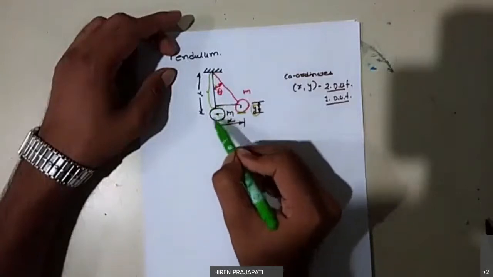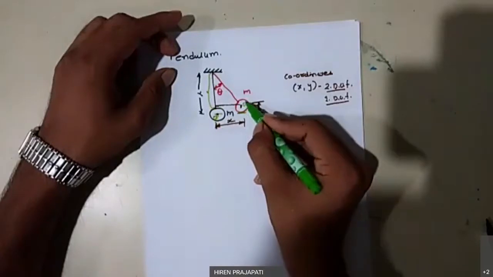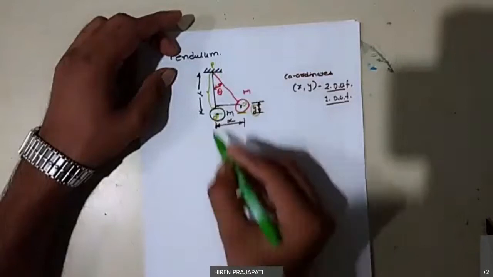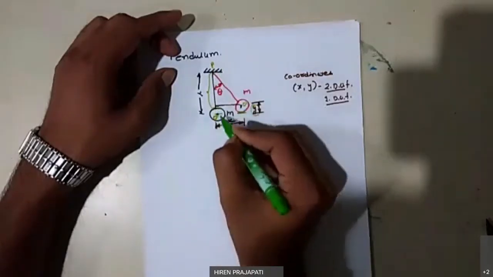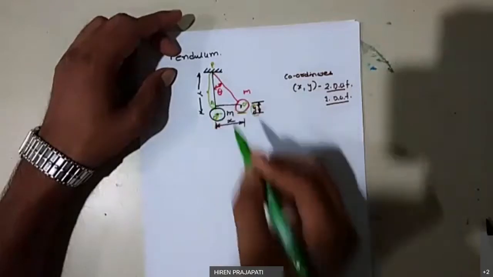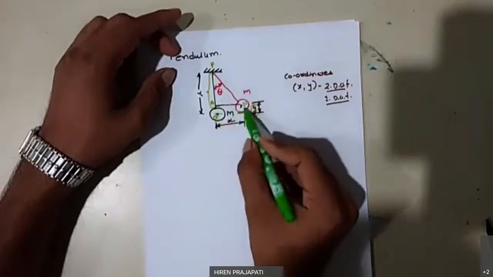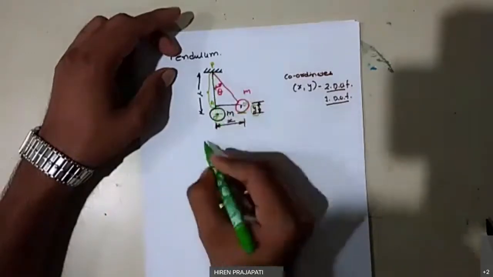If I call the new point O dash, this hinge point P, and this projected point A, then we have a right angle triangle PAO dash. I need to find out the length of line PA.